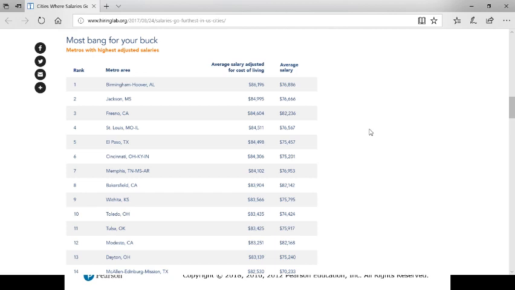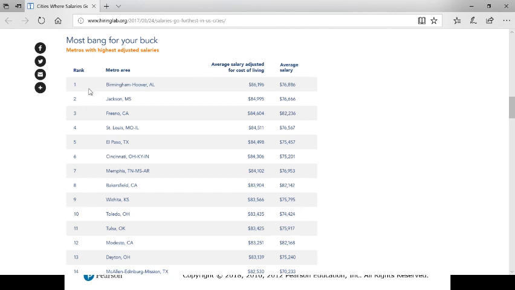This link is provided in your PowerPoint slide files on Blackboard. Here what we see is a list of metro areas comparing average salary on the right hand side, comparing that to the average salary adjusted for cost of living. So you have a nominal salary on the right hand side.